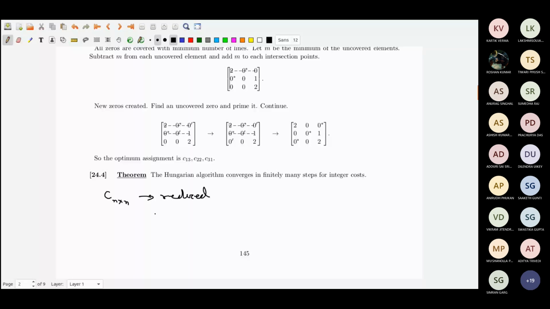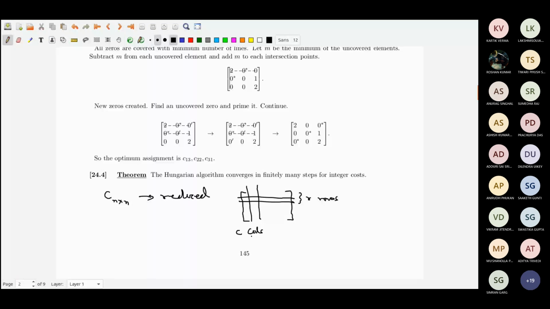You have covered C by maybe R rows, and then maybe some C columns. So you have covered all the zeros. Imagine that stage, like in the beginning.